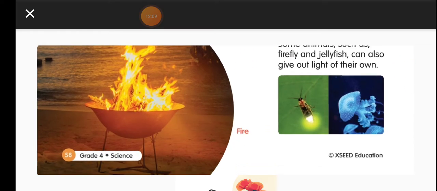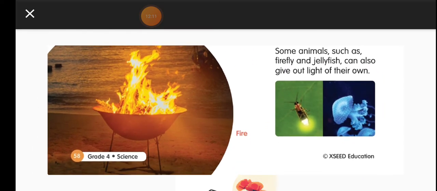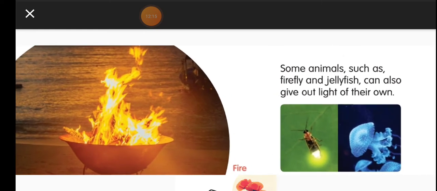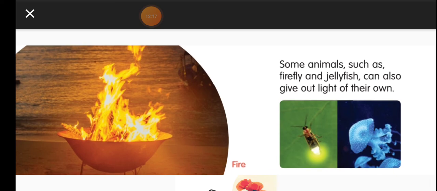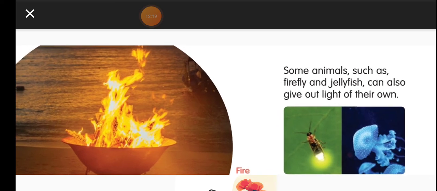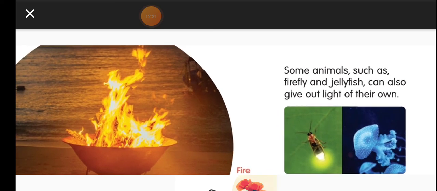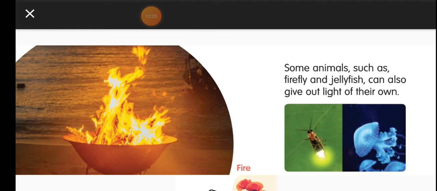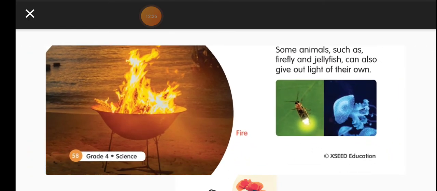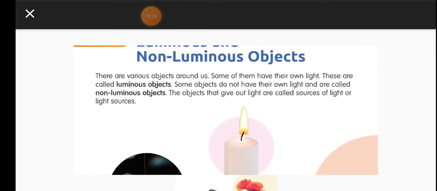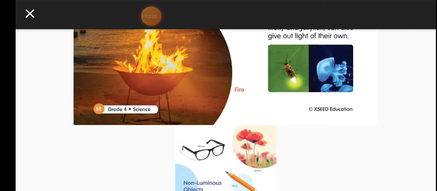Bulb, candle, fire, fireflies, glowworms. Jellyfishes have their own light. Some animals such as fireflies and jellyfishes can also give out light of their own. So they all come under luminous objects.